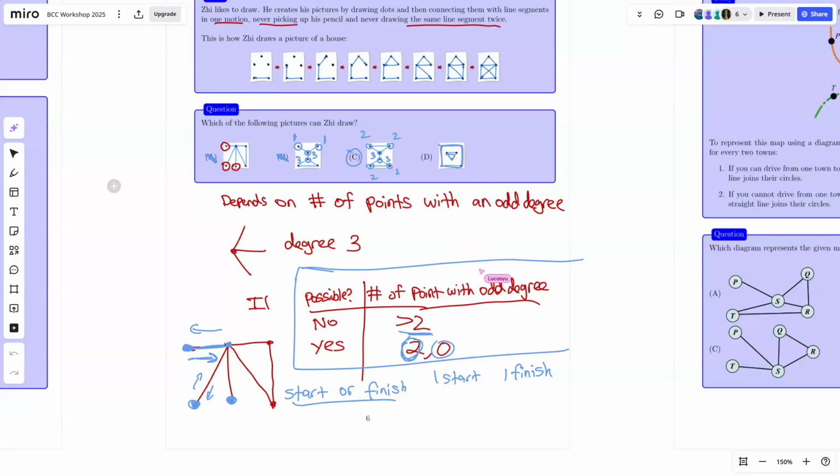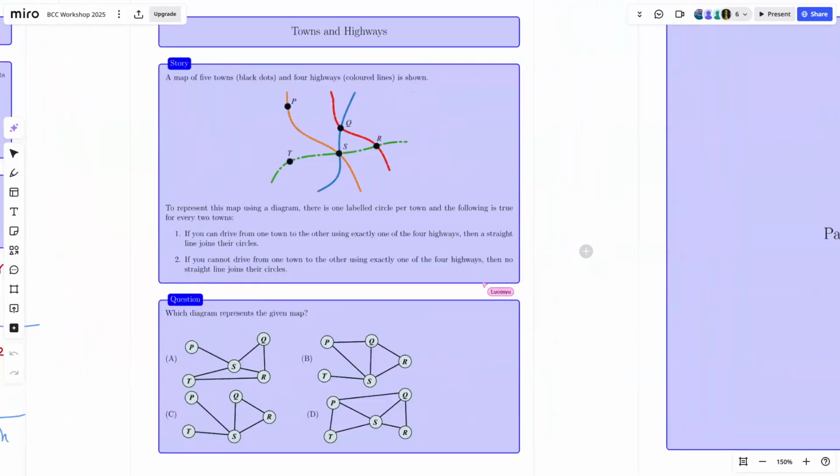Now let's move on to the final question from part A. A map of 5 towns. The towns are black dots, and 4 highways or colored lines is shown. To represent this map using a diagram, there is one labeled circle per town, and the following is true for every 2 towns. It gives us 2 statements here.